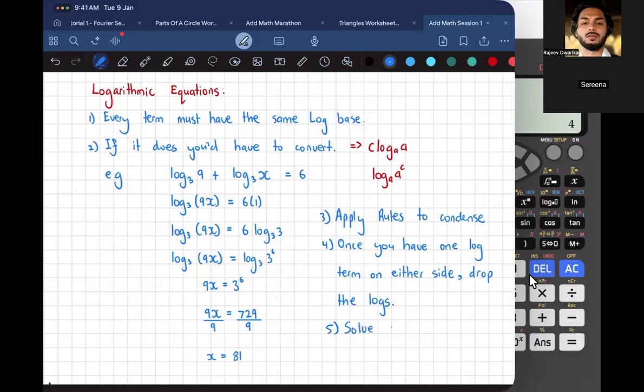Solve. I'm surprised I spelled that word correctly. I'm very surprised. Right. So you could copy that down as an example. That's more or less everything you need to know when dealing with logs.